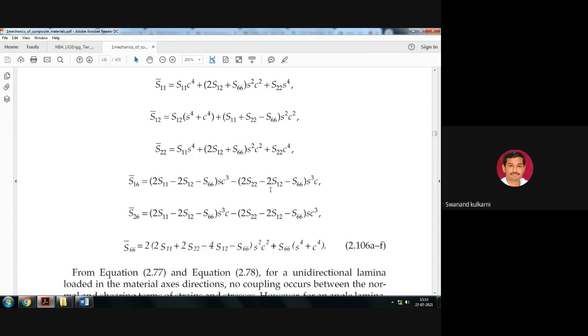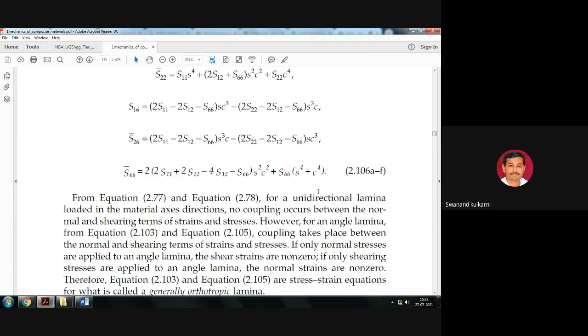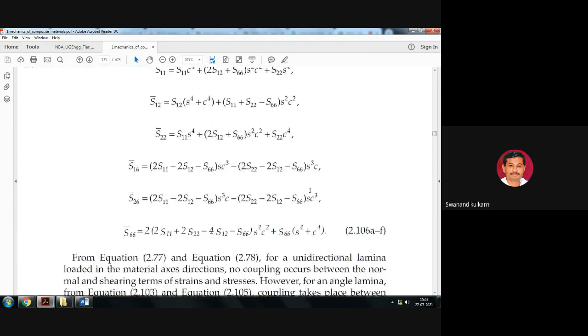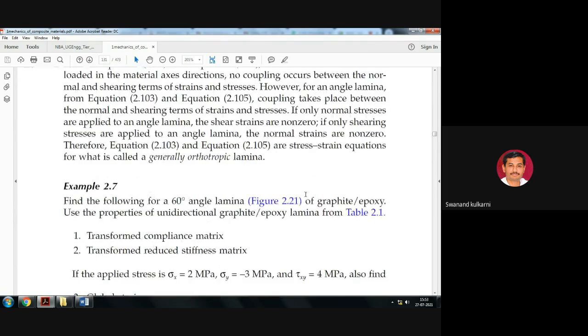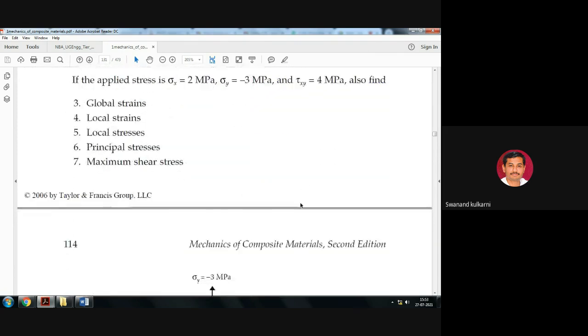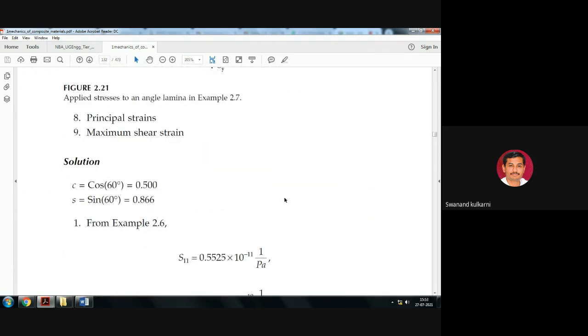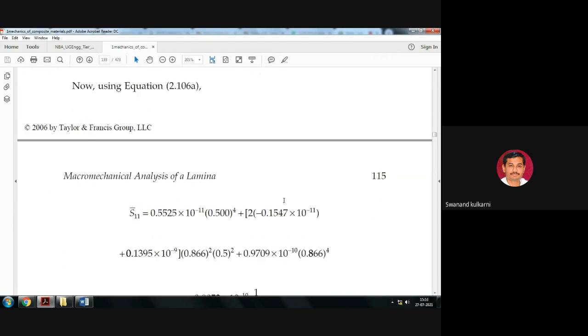If anybody is working in composite material, and wants to go for analysis of the composite material, then this is the fundamental for that. Based on these fundamentals, one can go for the analysis based on this angle lamina. Is it okay? Whatever may be the angle lamina, with reference to that, this example can be solved here.